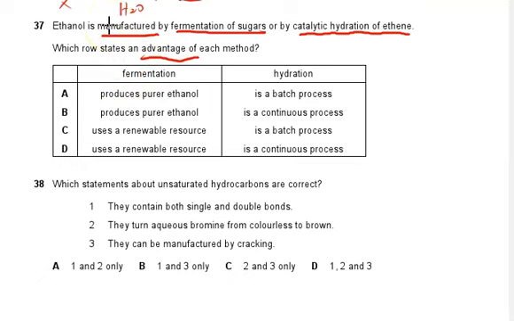Hydration is faster, but it's not here. Hydration will produce much purer alcohol. And hydration is a continuous process. Like fermentation is a batch process. So your best answer here will be D.